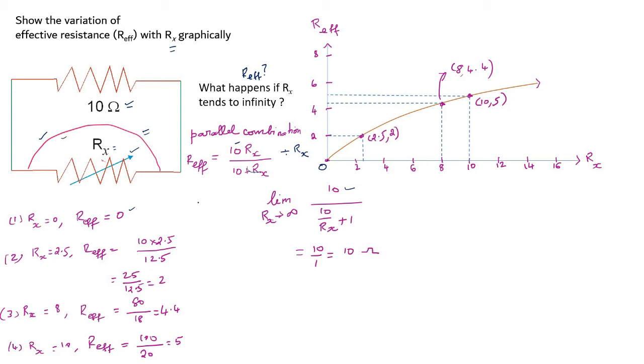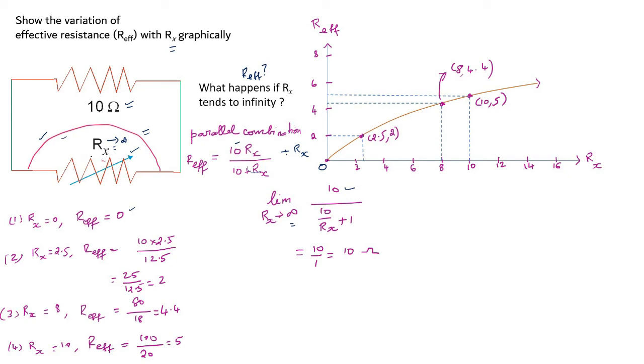But how do you explain it in physics? When Rx tends to infinity, that means the value keeps on increasing, tending to infinity. That means the current through this will decrease and become 0. Because of high resistance, we can say the current is 0.